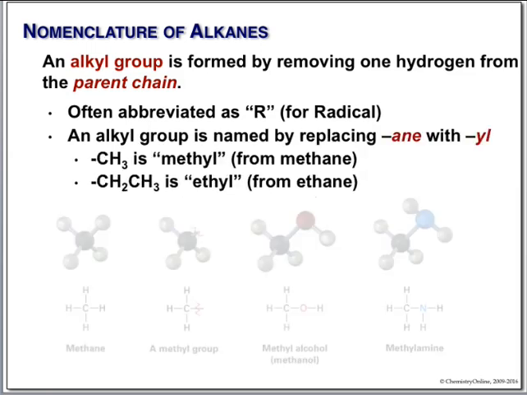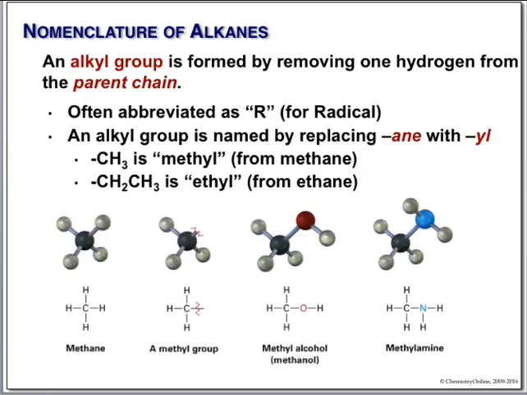Now we can also have what are called alkyl groups. Remember we were taking this chain and we stuck a CH3 off the side. Well, that's a 1 carbon group that we stuck off the side. From our previous nomenclature, we know that CH3 is going to be a meth.